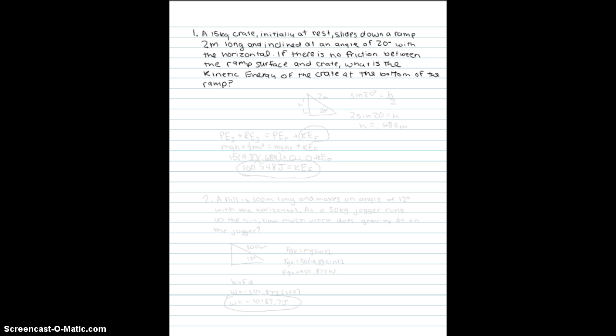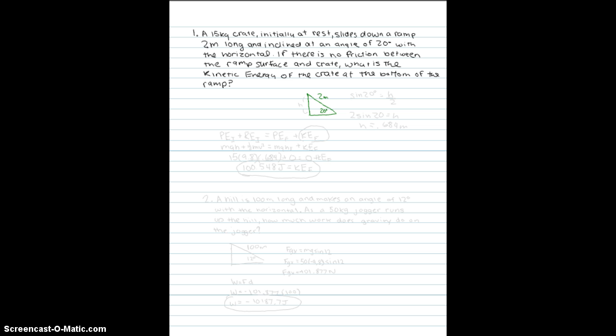We have a ramp right here that's 2 meters long at an angle of 20 degrees. We're going to just use energy, which is a little easier than kinematics. It can still be done with kinematics, but energy is the way to go here.